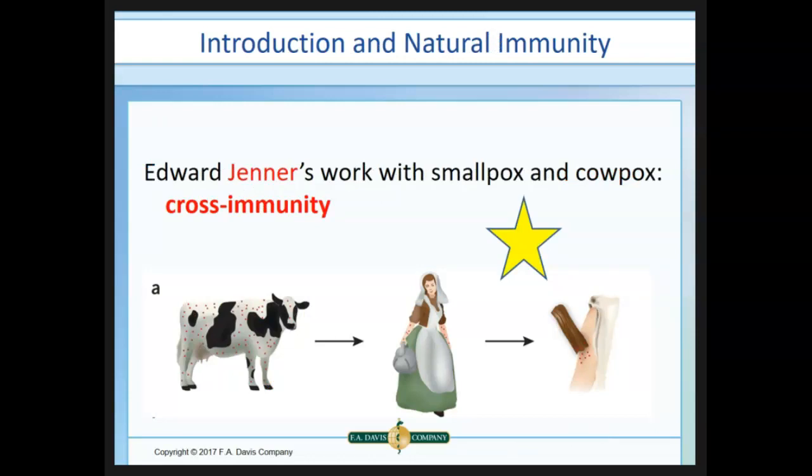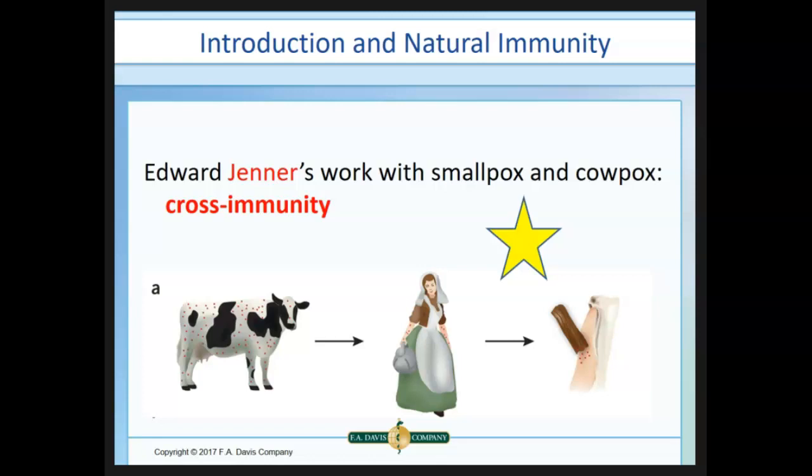Immunology is relatively a new subject, a new area of study. So we're going to talk about just two people in the history of immunology. Edward Jenner was the first to notice that milkmaids who got cowpox did not get infected with smallpox.